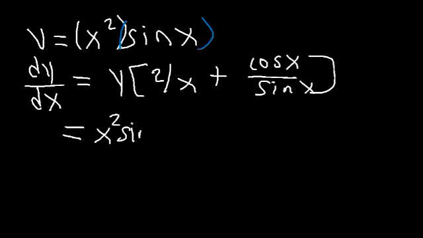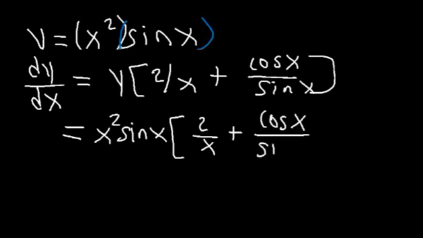Now for this particular problem, it turns out that logarithmic differentiation is actually a longer process. Other times, logarithmic differentiation can be a shorter process. You have to decide which route is easier. Now let's distribute x squared sine x. So 2 over x times x squared sine x, one of the x variables will cancel.